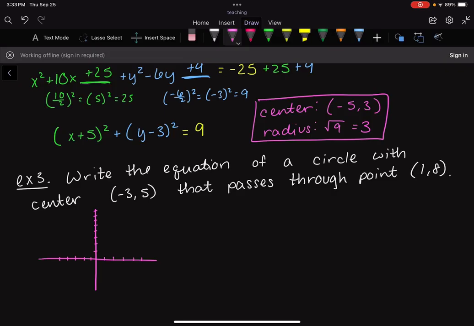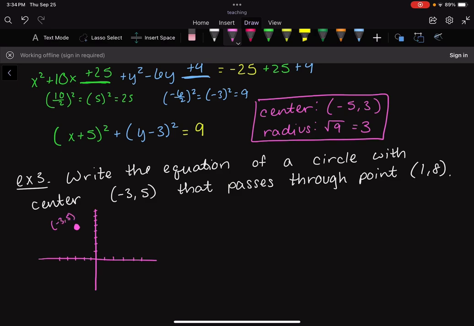So negative 3, 5, that's going to be 1, 2, 3, 4, 5. About here. Oh, I had the eraser on. Here. So this is the point negative 3, 5.